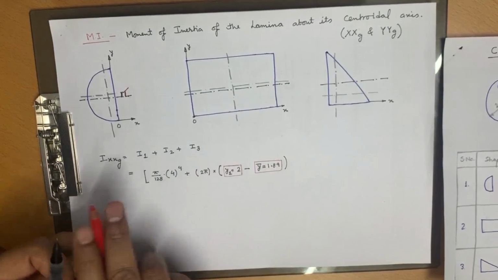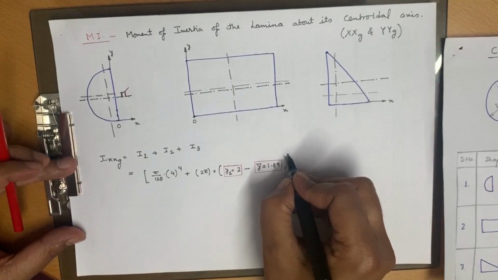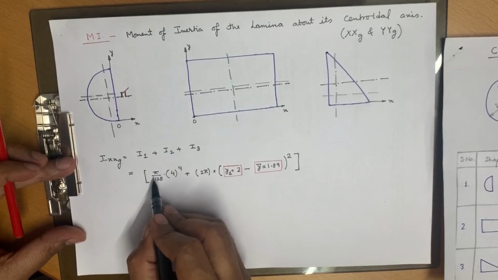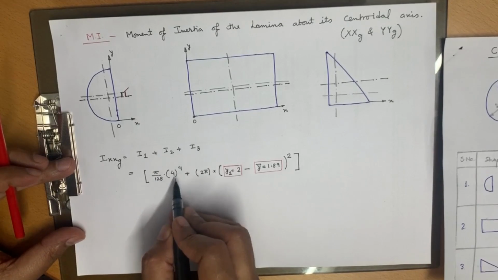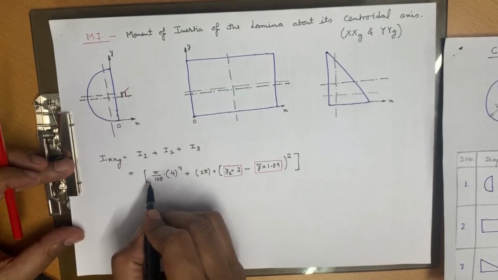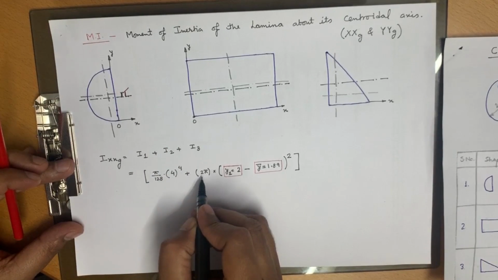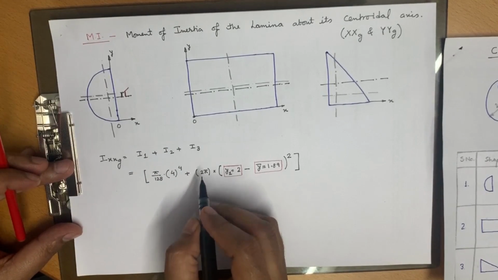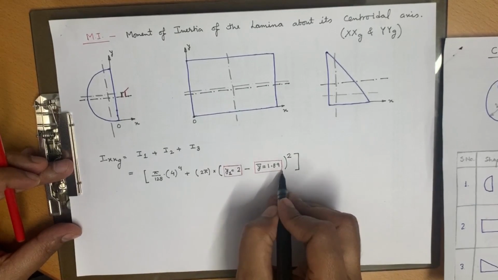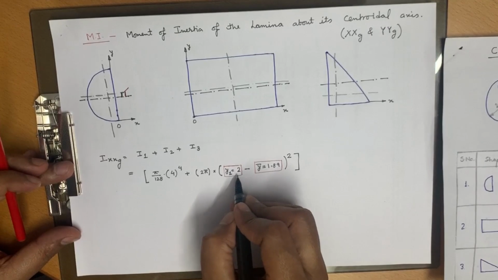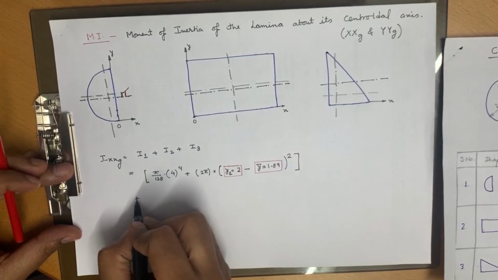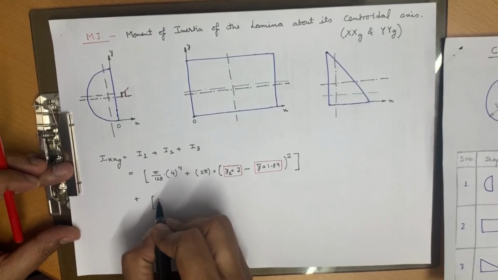And we know that the formula is whole square. Parallel axis theorem says the moment of inertia of this shape about its own centroidal axis, plus area of the shape multiplied by distance between the centroids, so y1 minus y bar, and whole square of it, right? Plus second term.